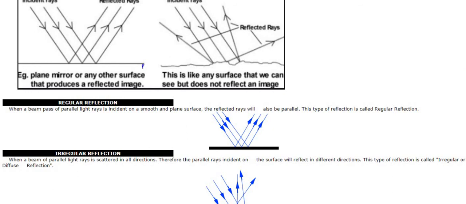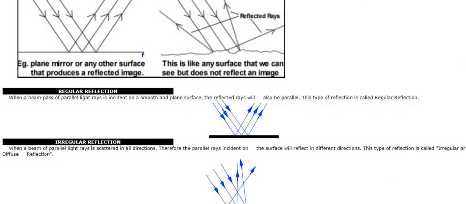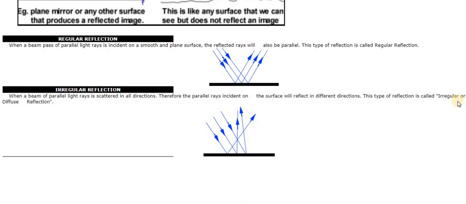The best example for this is a new stainless steel spoon or plate. You can see your face clearly in that. But if the same plate is used for 3 months or 6 months, after regular washing, you're not able to see your face clearly. Why? Because when you are washing, minute marks appear on it, so it is not a smooth surface.